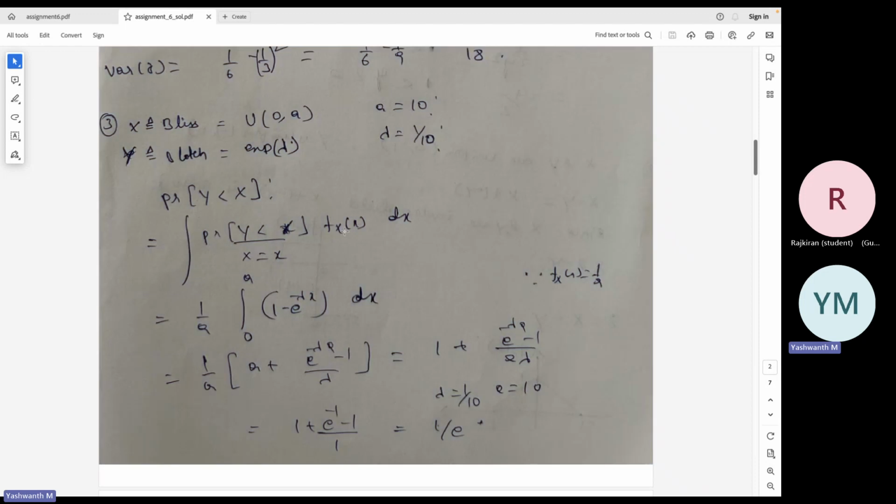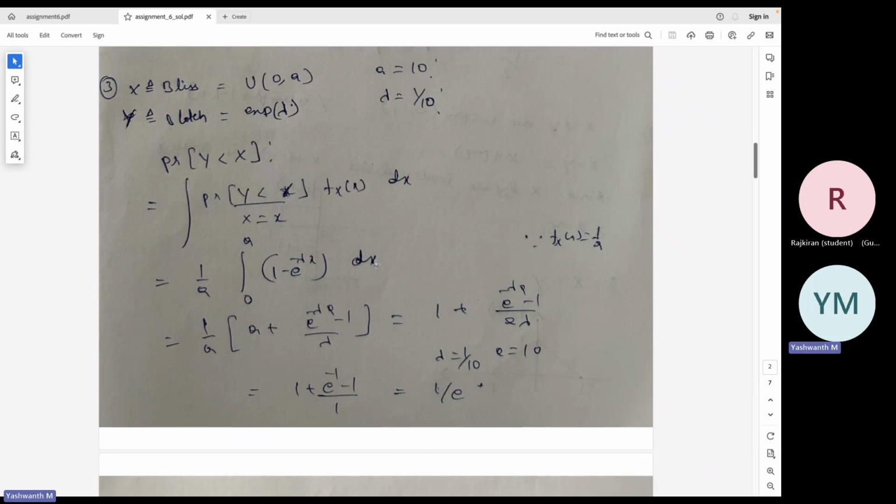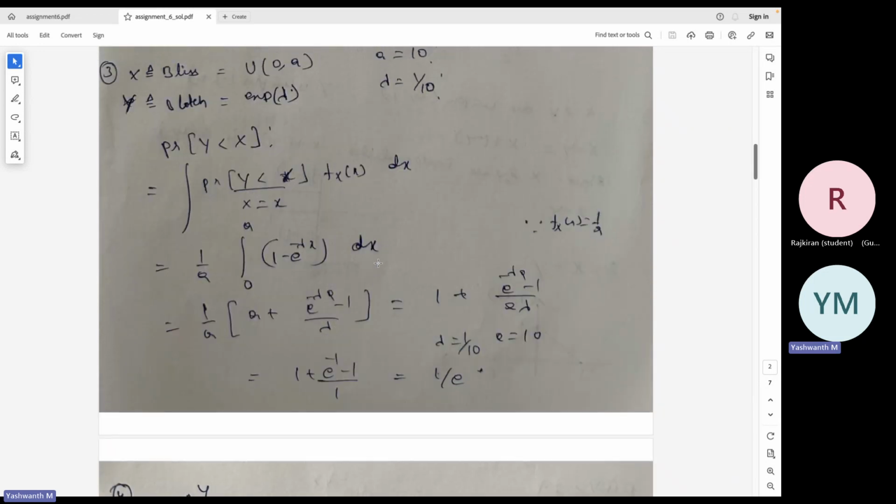And this quantity f_x of x is nothing but 1 over a by definition of a uniform random variable. Since x goes from 0 to a, just expand it and substitute, and you will see this is 1 over e.